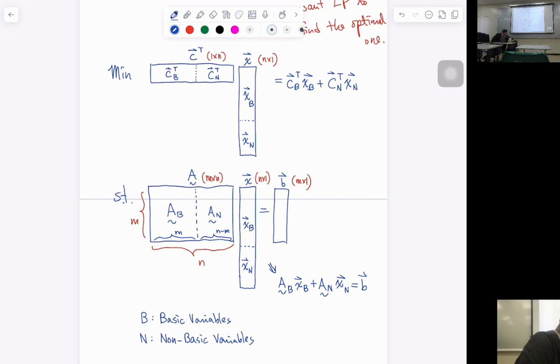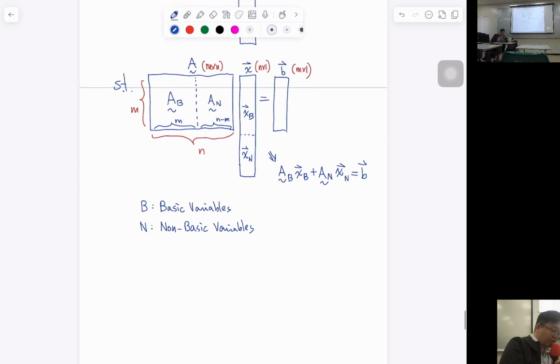Now we are going to take a look at something on the XB. From here, we can derive what XB is. In fact, it's going to be AB inverse times small b minus AN XN.